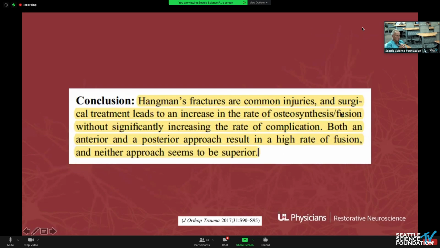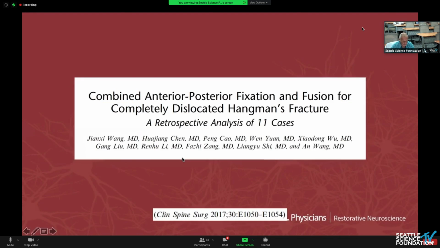They concluded that while surgical treatment leads to an increase in fusion, there's really no difference. Neither the anterior nor the posterior approach seems to be superior.